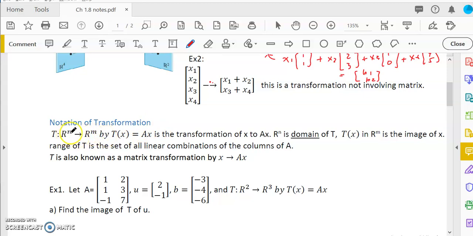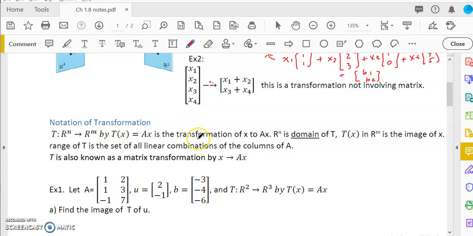Rn is the number of columns in A, and Rm, where m is the number of rows, is the number of rows in the answer B. And then you write, so this is the most common writing: first you define the name of a transformation, T, colon, and then what to what, and then you say T of X equals AX.